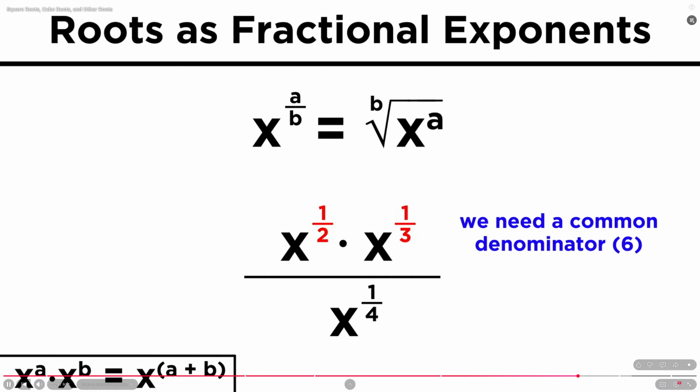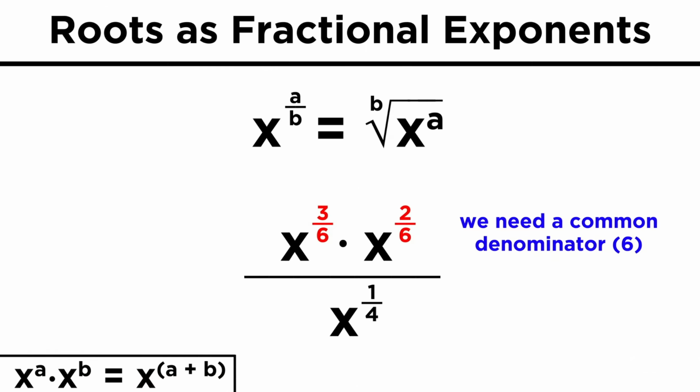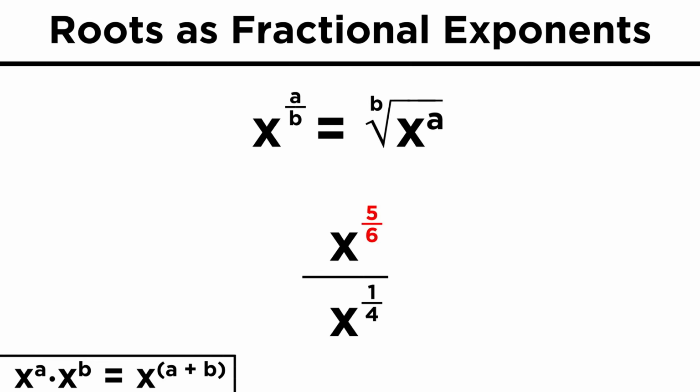To do so, we need a common denominator for these fractions, so we change them to 3/6 and 2/6 and add them together to get 5/6.